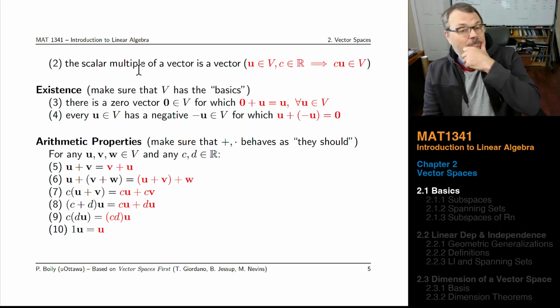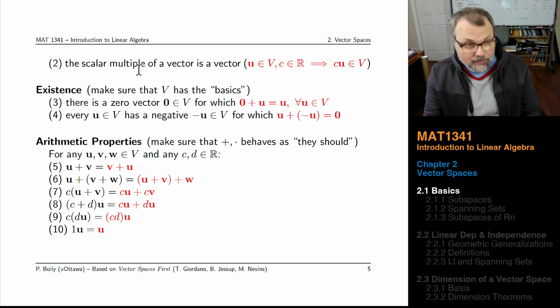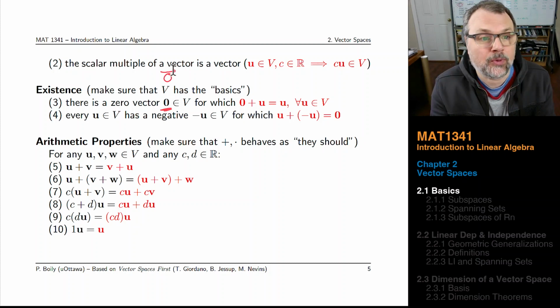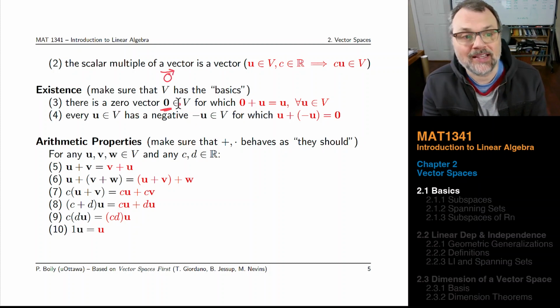There are two existence axioms. Basically, you need to be sure that there's a special vector, the zero vector. Again, this is the bold zero, or the zero with an arrow on it, that has the effect that when you add it to any other vector, you haven't changed anything.